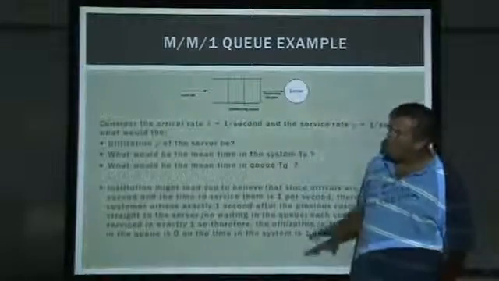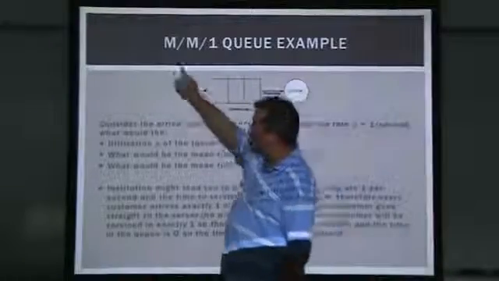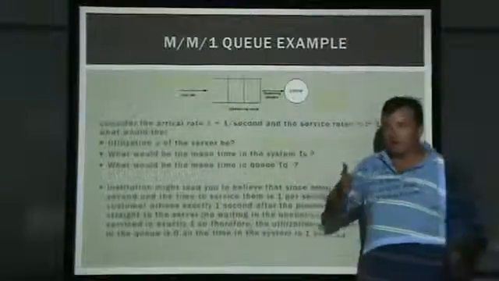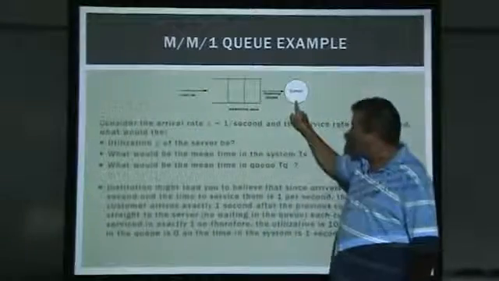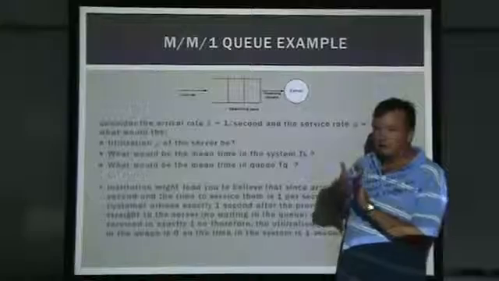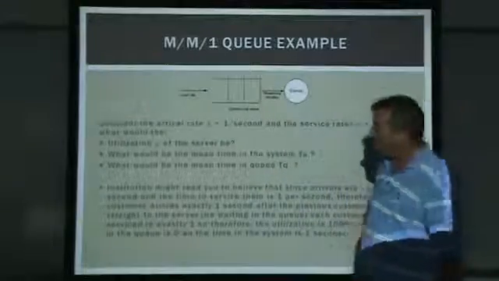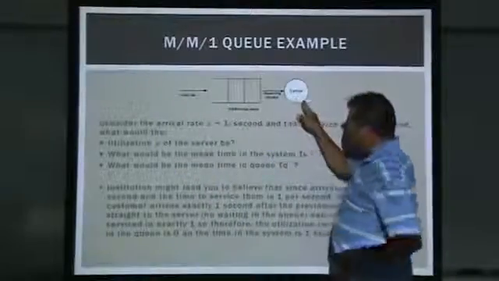Let's do the example of a queue that is D/D/1, meaning a deterministic arrival time, like it's perfectly scheduled. And when something arrives, it will take exactly the same amount of time every time. In that case, at time equals 0, one arrives and starts being served.